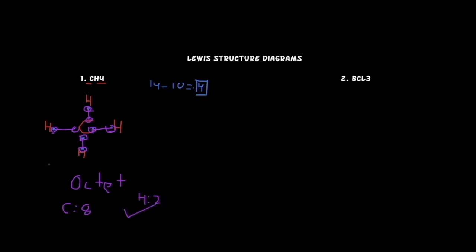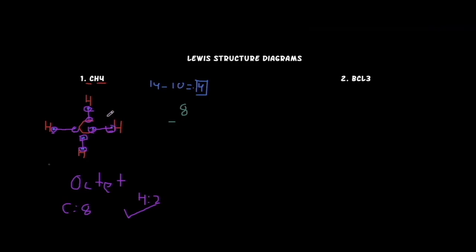Now a final check you could perform is the total number of valence electrons. So how would you do this? The total number of valence electrons in hydrogen is 4, and the total number in carbon is 4, so we would write it out as 8, and you would subtract 8 by the number of pairs.